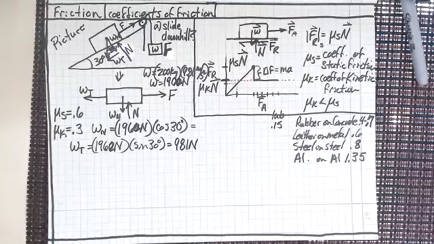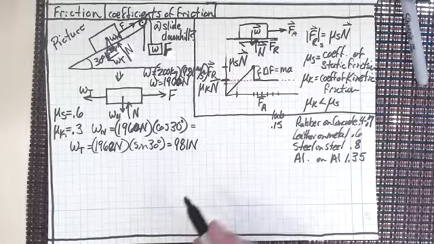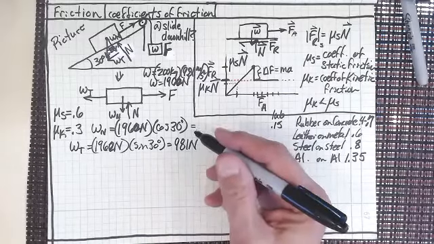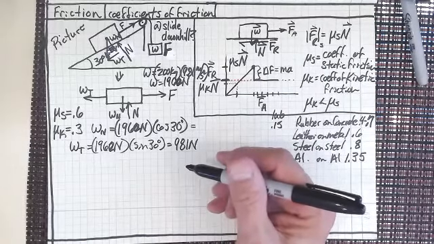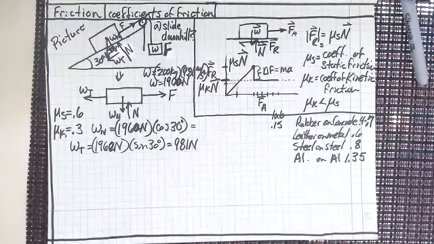And 1960 times the cosine of 30 degrees equals 1697. I have 1699 there for some reason. I'm not sure. There's a 1962. Maybe that was it, times the sine of 30 degrees.